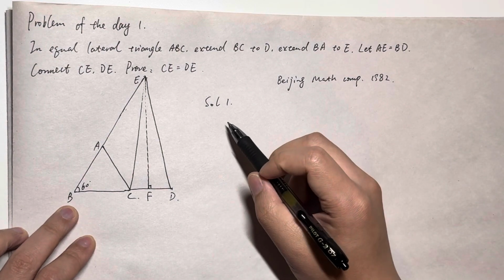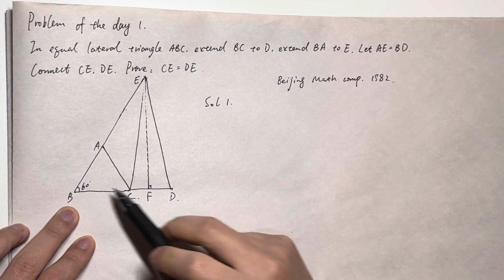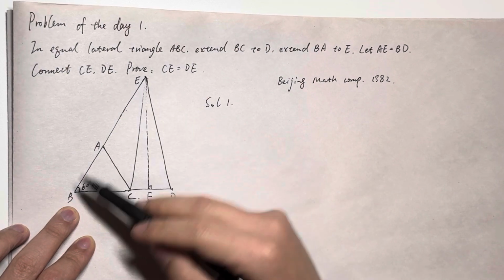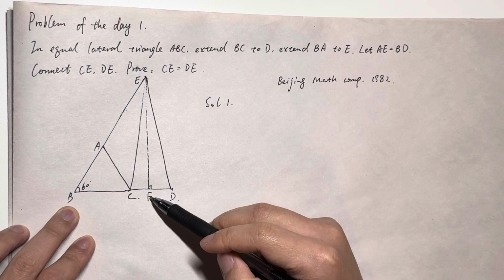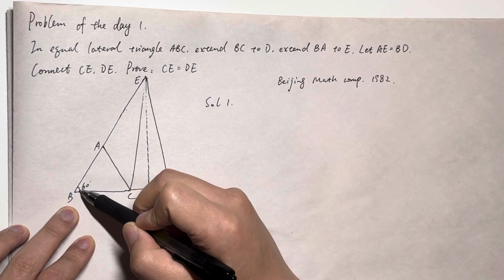Because we already know that triangle EBF is a right triangle, right? And this angle is 60 degrees.